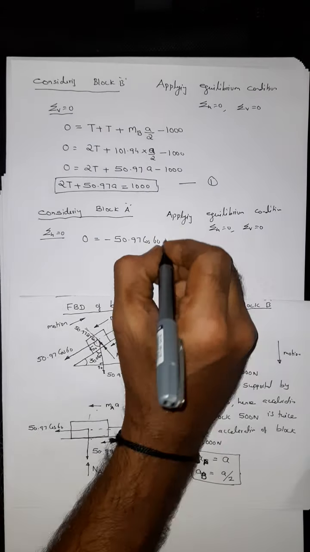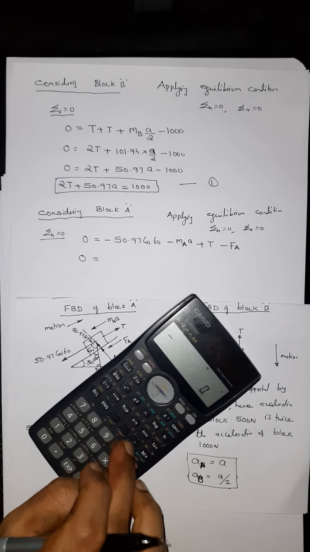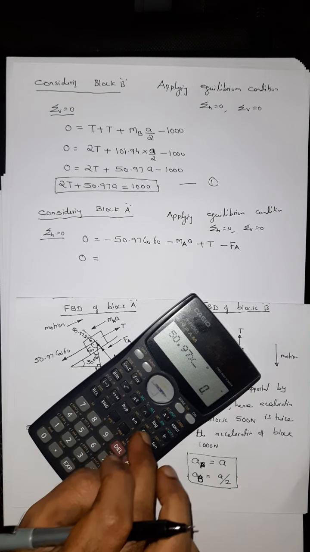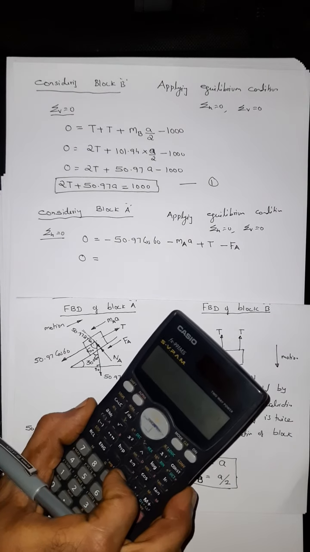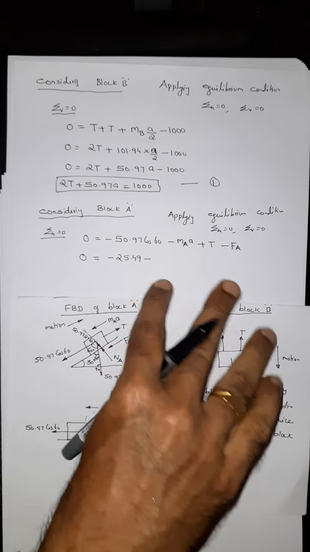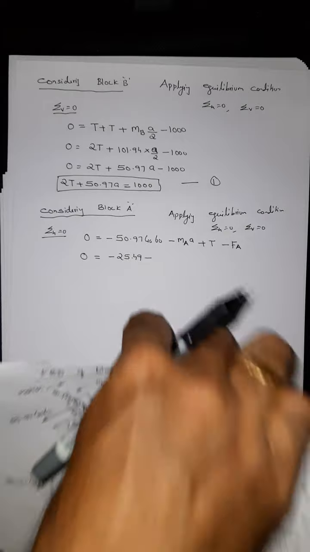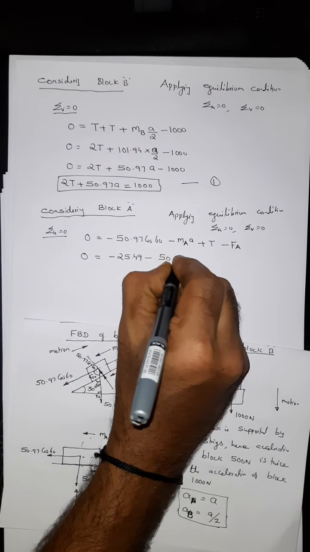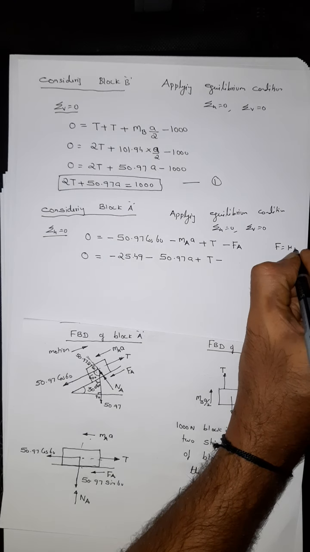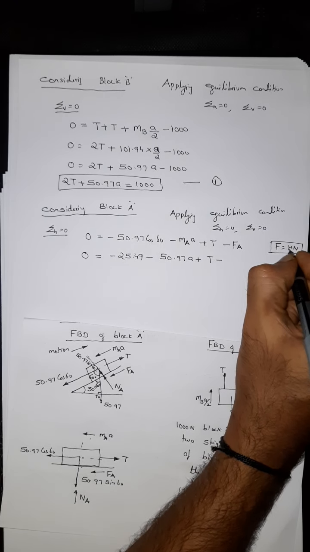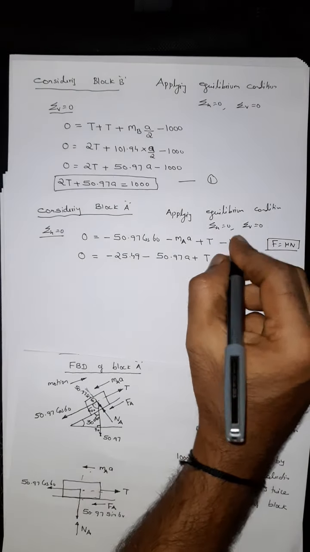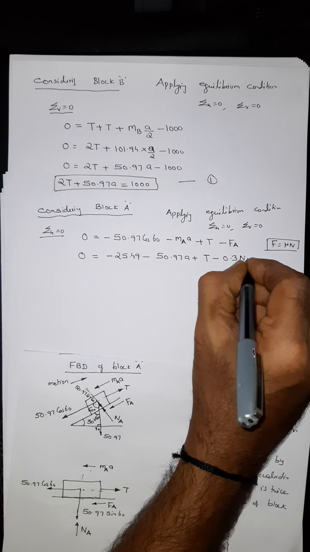0 equal to 50.97 into cos 60, 25.49, minus 25.49. The mass of block A is 50.97, so 50.97 A, plus T, minus F, where F is equal to mu into N, the coefficient of friction into the normal reaction. Mu A is 0.3, so 0.3 into NA.